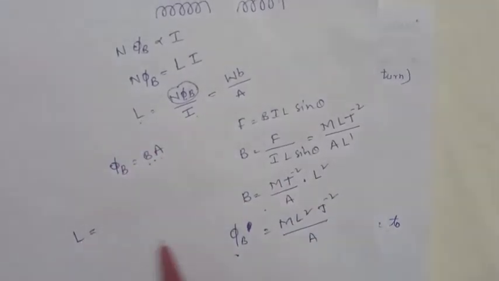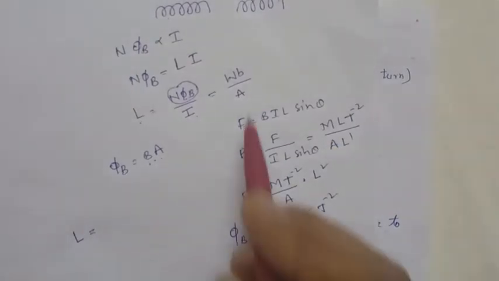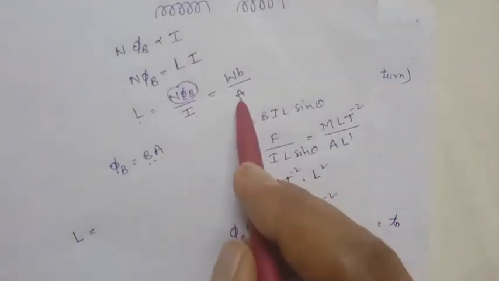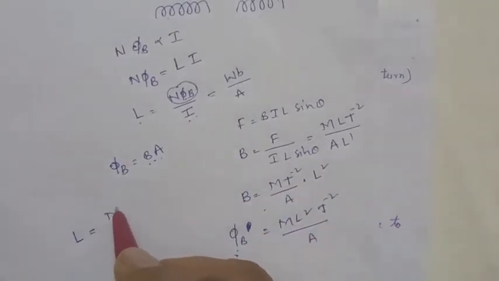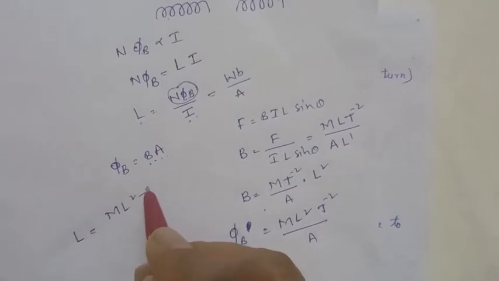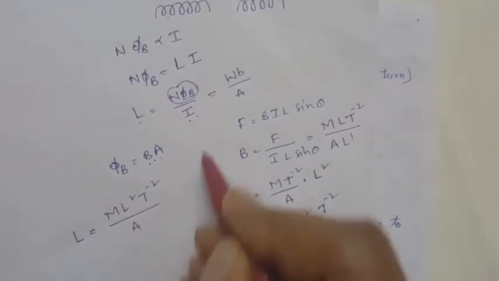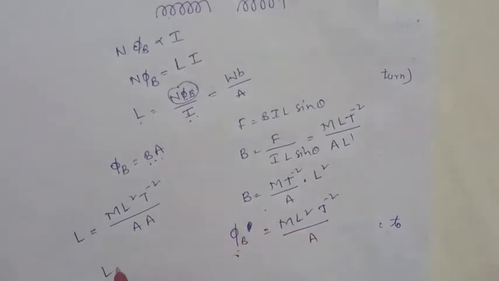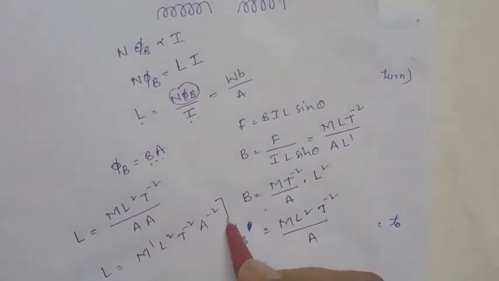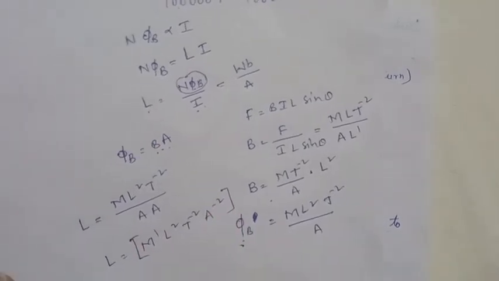L is equal to the dimension formula for phi B divided by I. So it is M L square T power minus 2 by A, and again current means A. So the dimension formula for inductance is M power 1 L square T power minus 2 ampere power minus 2. It is the dimension formula for L.